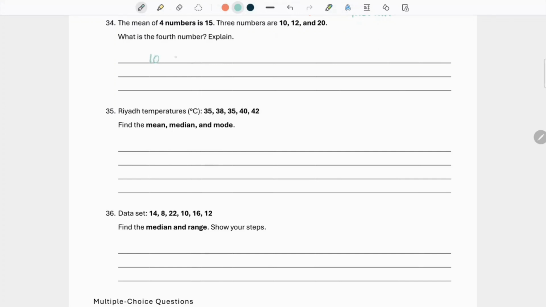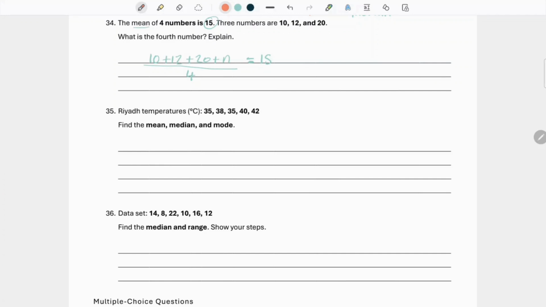So we've got 10 plus 12 plus 20 plus a fourth number. We're just going to call that n. And we're going to divide by how many there are. There are 4 numbers, which equals 15, so the mean is 15. We don't know what the fourth number is, so I've given it a letter n. You can give it any variable.